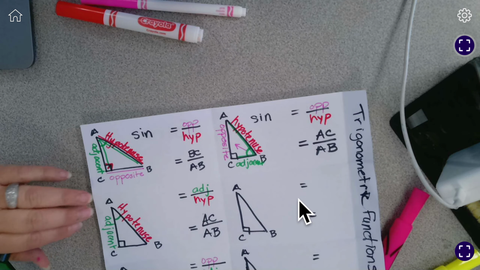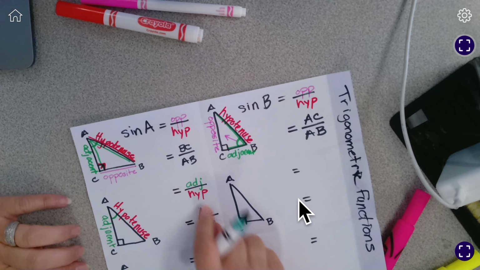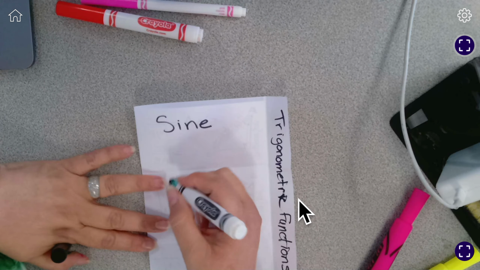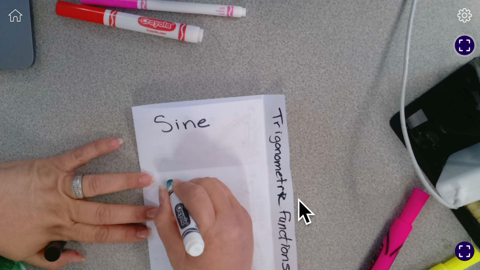Okay. When we're talking about adjacent over hypotenuse, that is going to be the cosine. When we're talking about opposite divided by adjacent, that is going to be the tangent. So we say the cosine, the first three letters, of A, the tangent, and we only use the first three letters, of A, is equal to that.